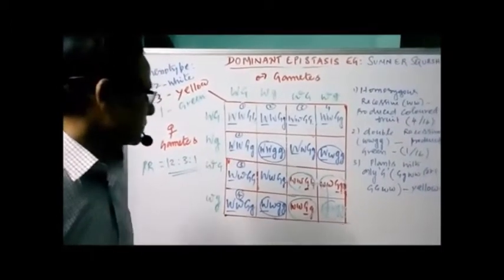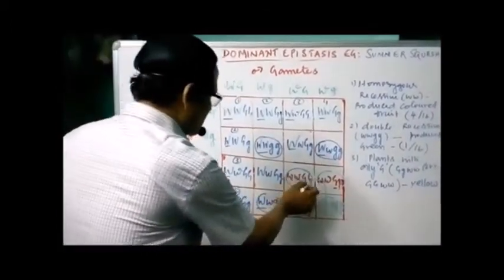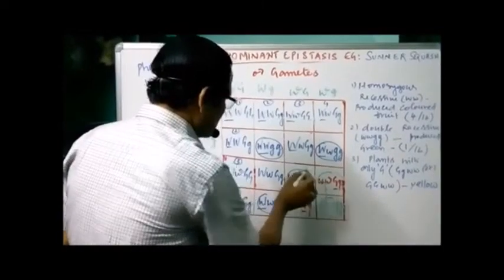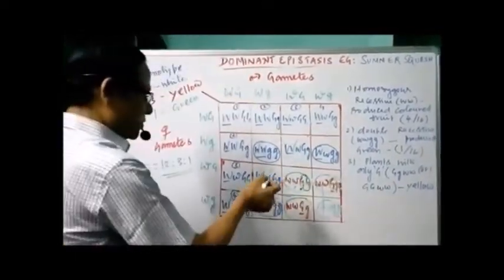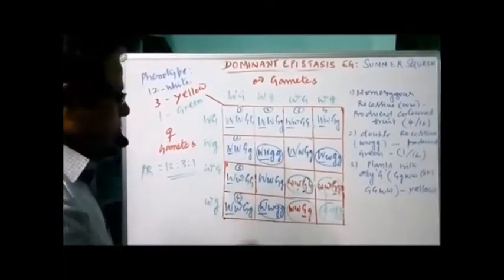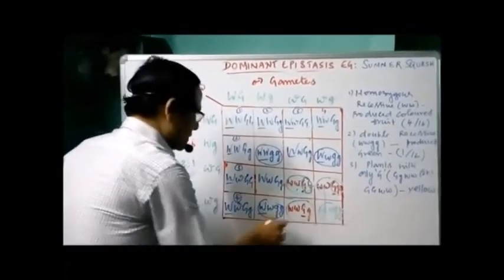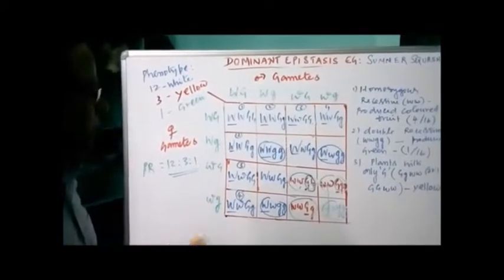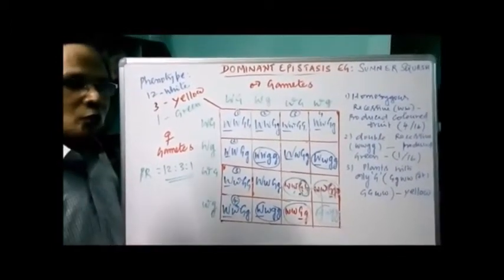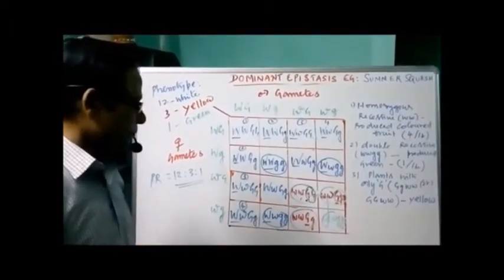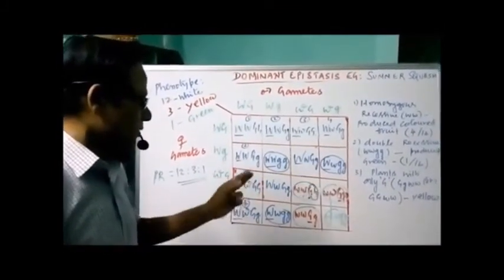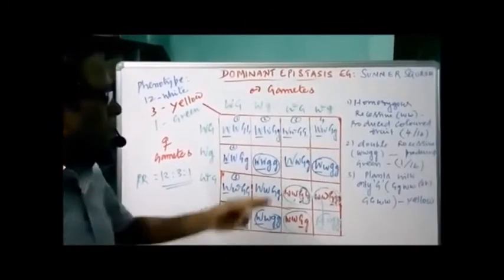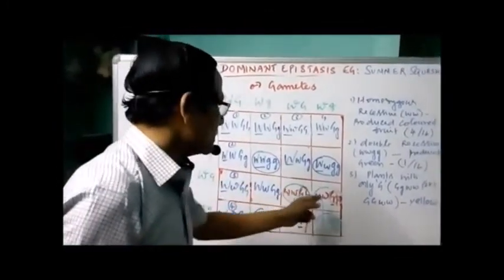Now these are the plants with only G, either two letters or only one letter. Capital G dominant in two or one. Here also one, at least one capital G, in the absence of the white colored gene, produces the yellow color. So plants with only G, not dominant allele W, produce the yellow color.